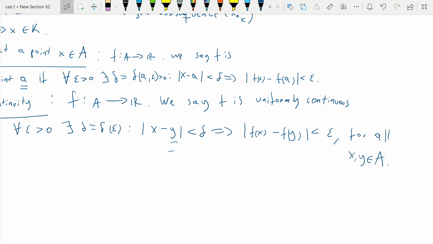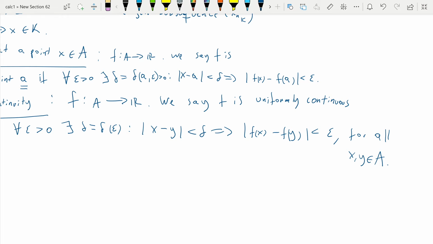So here we have y, which we're letting vary, but above a is fixed, so we're looking at continuity at a point. Here we can fix the second point a, and then |x - a| being smaller than delta will imply that |f(x) - f(a)| is smaller than epsilon.